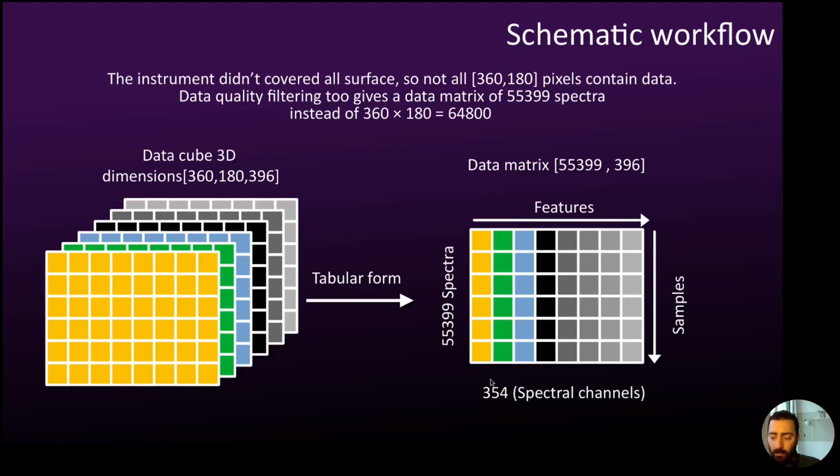So you're going to have 354 different channels. In machine learning, normally you call the x direction the features, and the other direction, the y, the samples. The idea is that per row you have an observation of something, and this something is defined by different features, different columns, which define different characteristics of this sample.